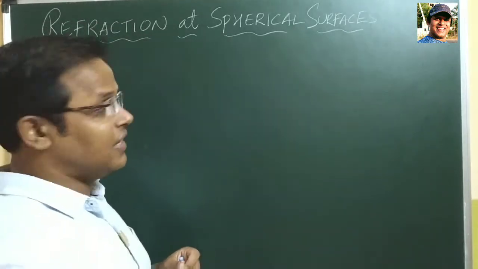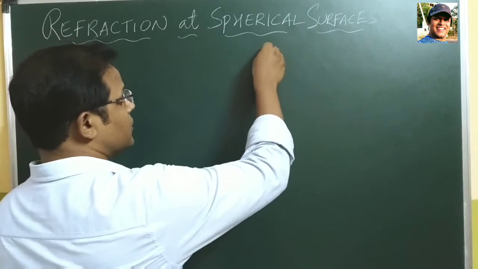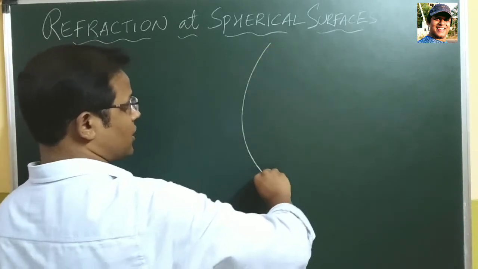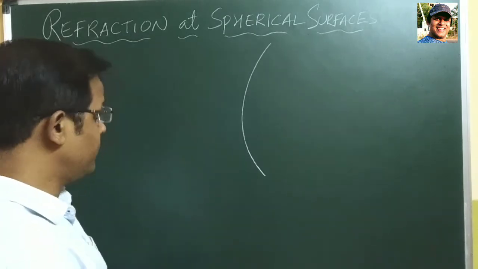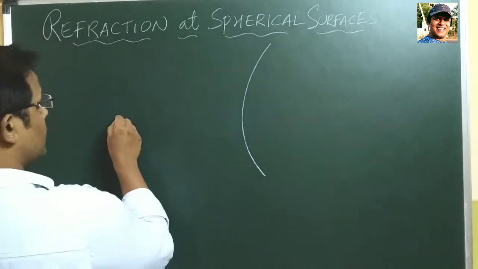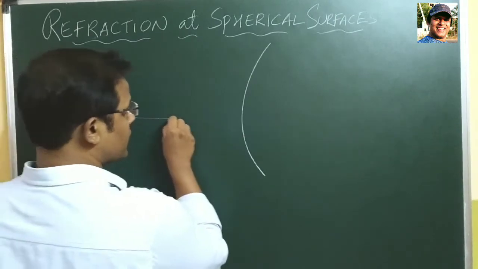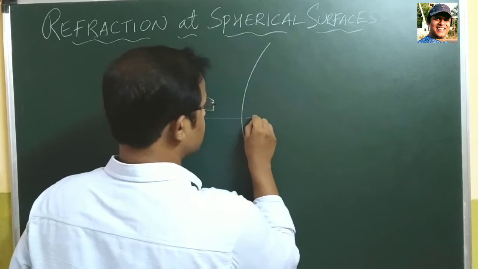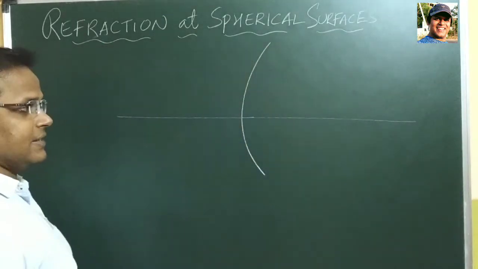Let's imagine a curved surface, a spherical surface. A line passing right through the midpoint of the spherical surface, which we'll use as a reference, is called the principal axis.